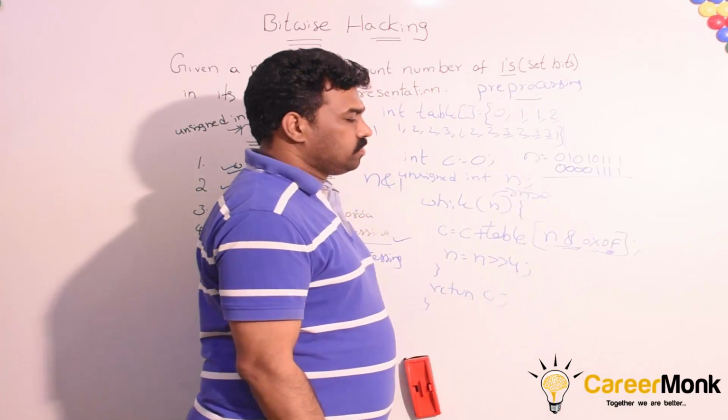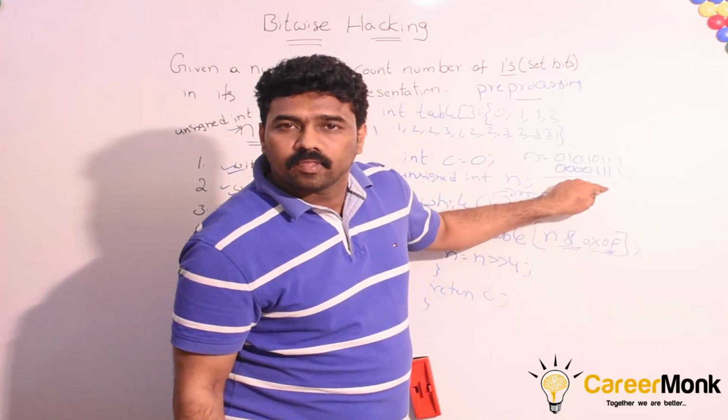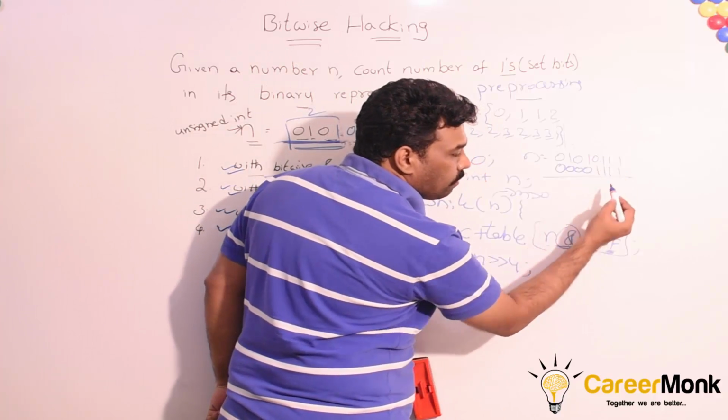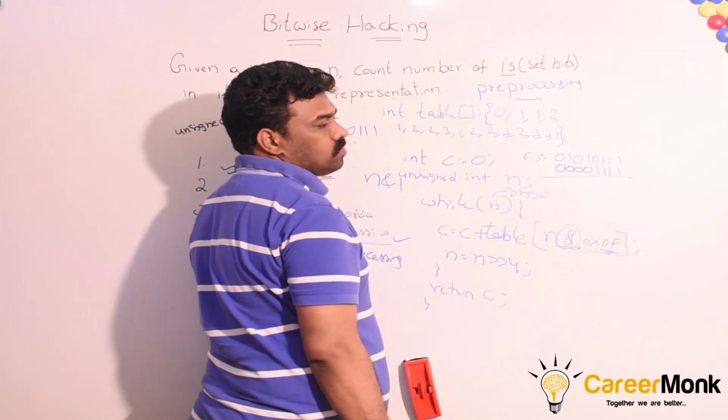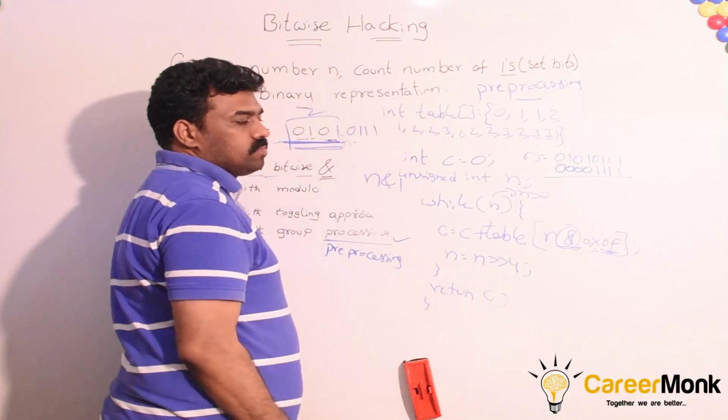This indicates that we are considering the least 4 bits. So if you perform bitwise AND between the given number and 0x0f, we will get the corresponding table entry.